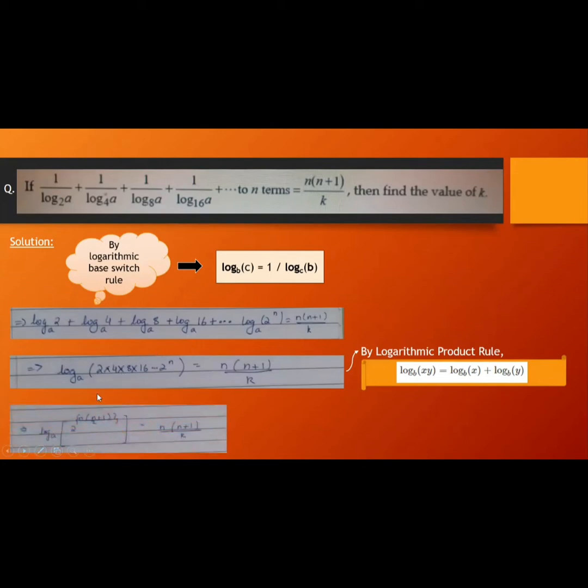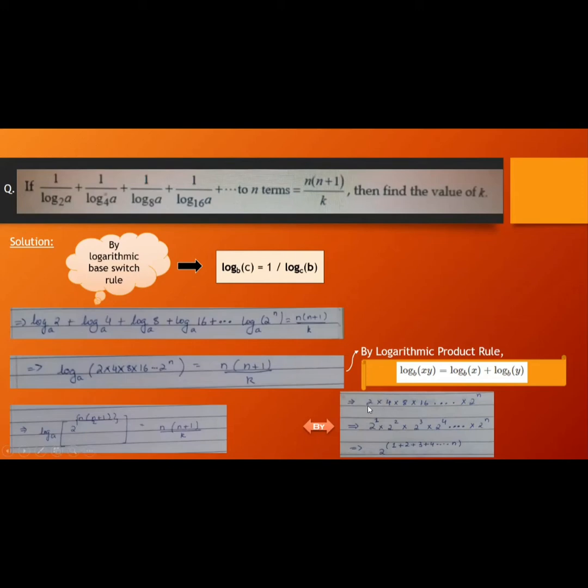So now something has happened to the argument, right? It's been simplified further. It has become log 2 power n into (n plus 1) by 2 base a. We'll just see with the LHS right now. So how did this come? From the previous step, we just take the argument and try to simplify it.